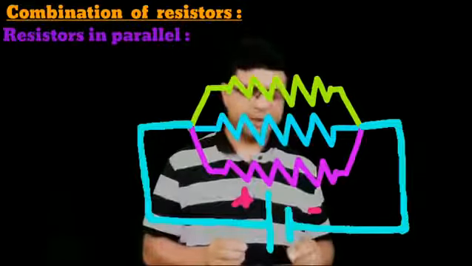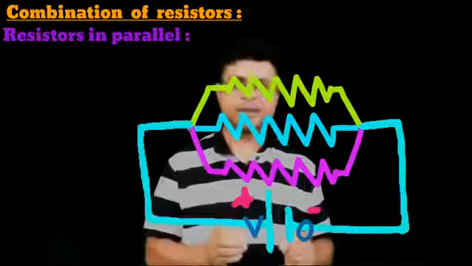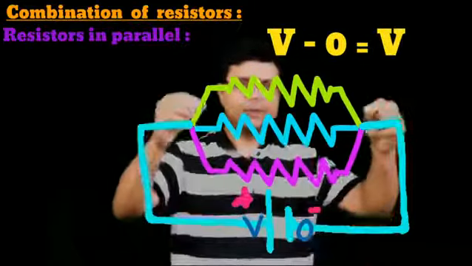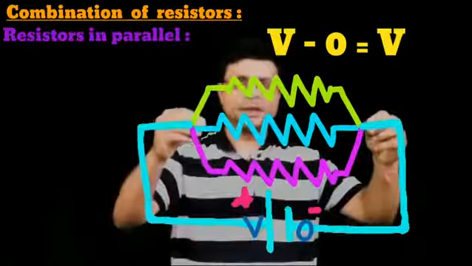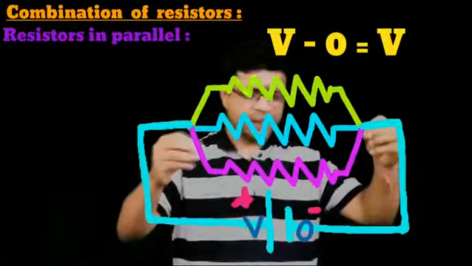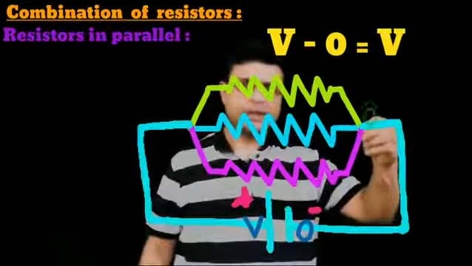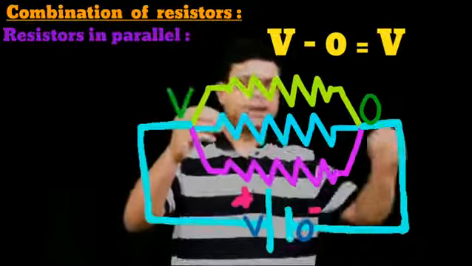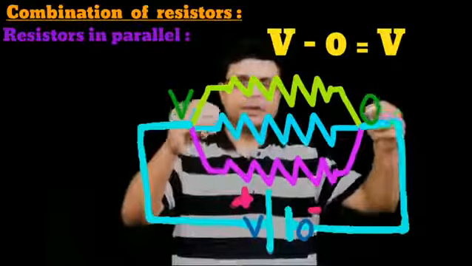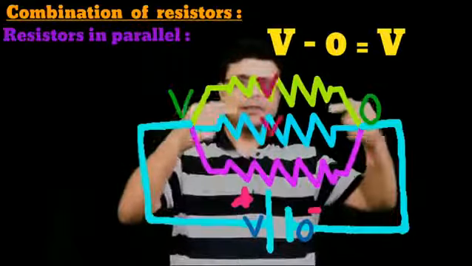Potential of the negative terminal is 0, potential of the positive terminal is V. So the potential difference is V minus 0, that is V. When we come to this junction, where the resistors are joined, head to head and tail to tail, at the point connected to the negative terminal the potential is 0 and here the potential is V. So the potential difference is V minus 0, it is V. So across all these three resistors, the potential difference is V.